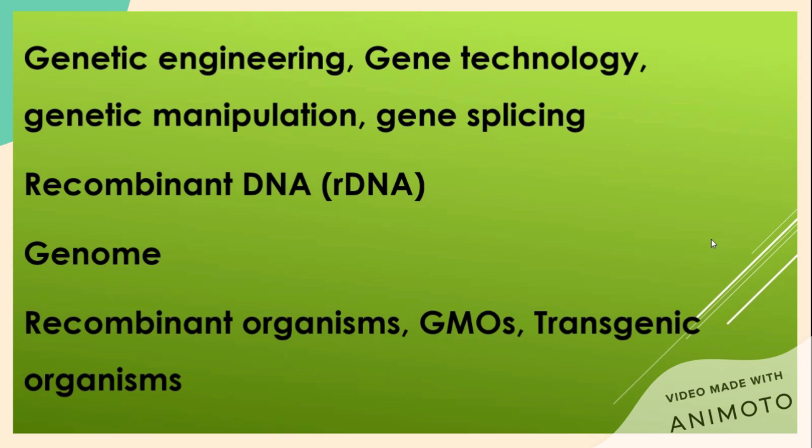That organism is not the original organism, and we can see it in a lot of our foods that we consume nowadays. If they are genetically modified, then we can call them recombinant organism, recombinant food, or transgenic organism. All right? So it is not the traditional organism. These organisms would have inherited recombinant DNA.